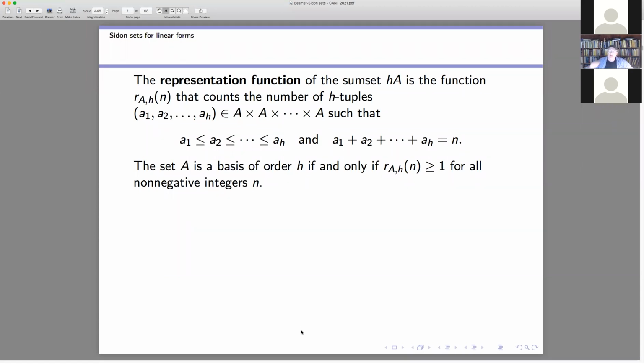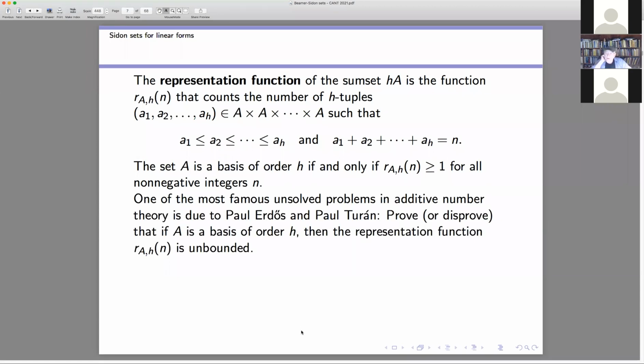One of the most famous unsolved problems in additive number theory is the question of Erdős and Turán, which is to prove or disprove, because no one knows what the answer is, that if you have any basis of order H, its representation function has to be unbounded.